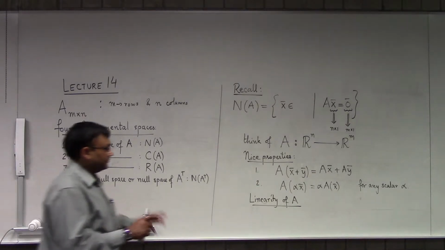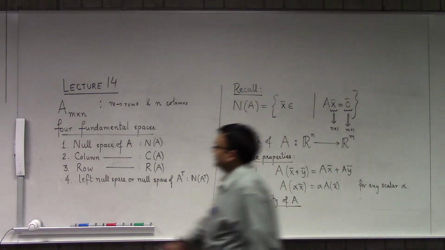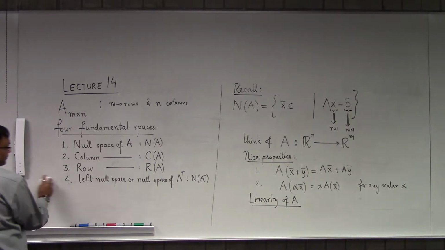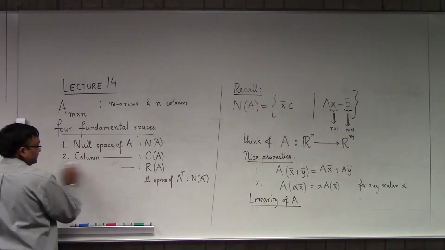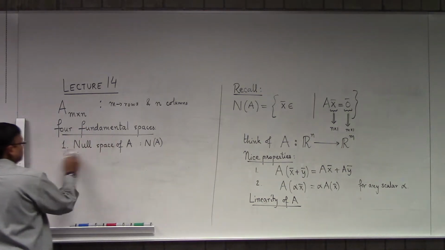So we keep on going back and forth between these concepts. So let's see what the null space was, then I'll come back to all the other spaces. I'm just trying to recall some facts about null space.